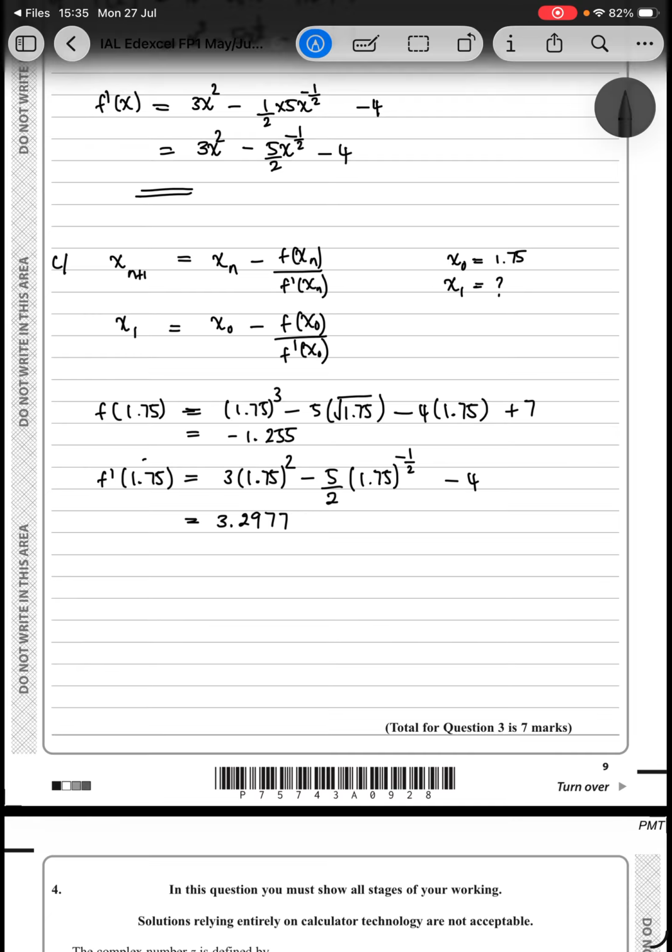So now let's apply the equation. x1 is equal to x naught, which is 1.75, minus f of x naught, which is f of 1.75, that is minus 1.255, divided by f dash of x naught, which is 3.2977. I'll put that into the calculator.